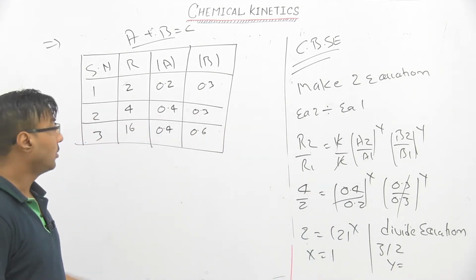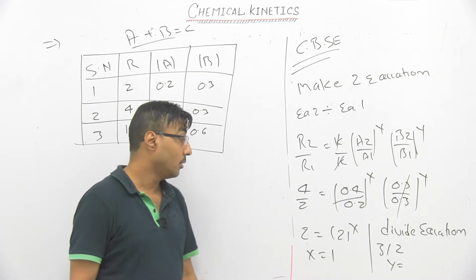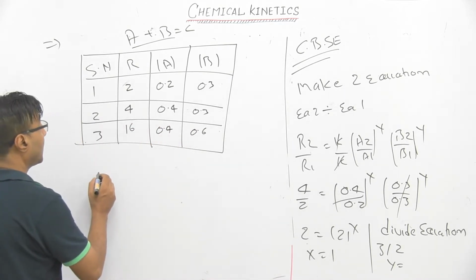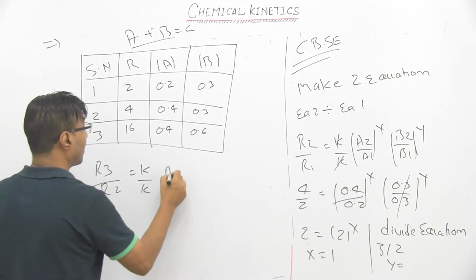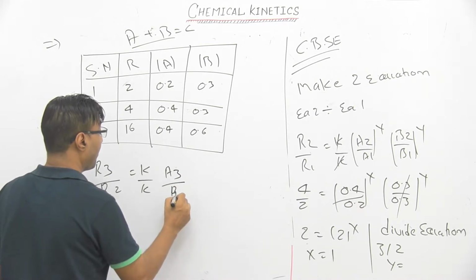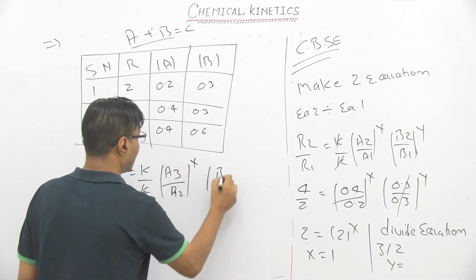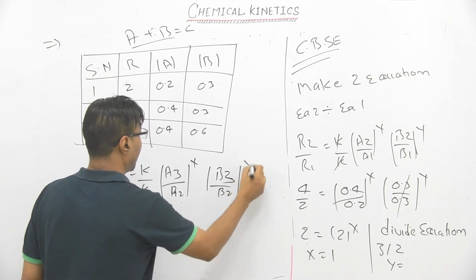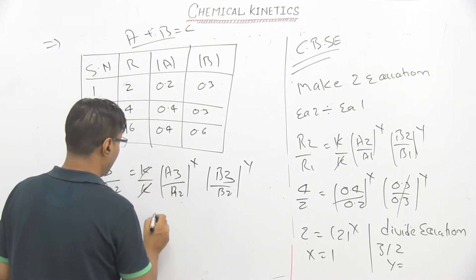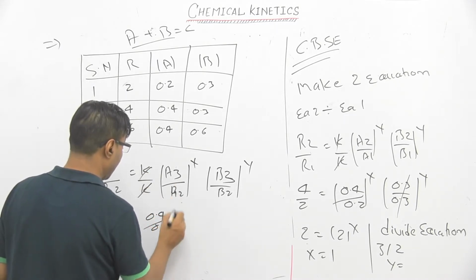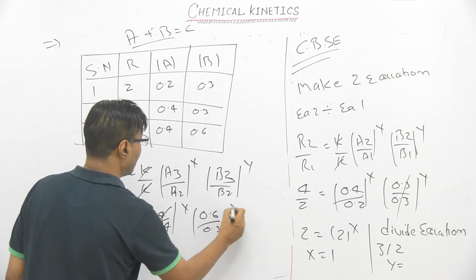But here you don't need to go by that method. If you are not very fast in the calculation, you can go by this method. R3 by R2 is equal to K into concentration of A3 by A2 raised to power x, concentration of B3 by B2 raised to power y. 16 by 4 is equal to, cancel, 0.4 by 0.4, again it is cancelled, 0.6 by 0.3 raised to y.